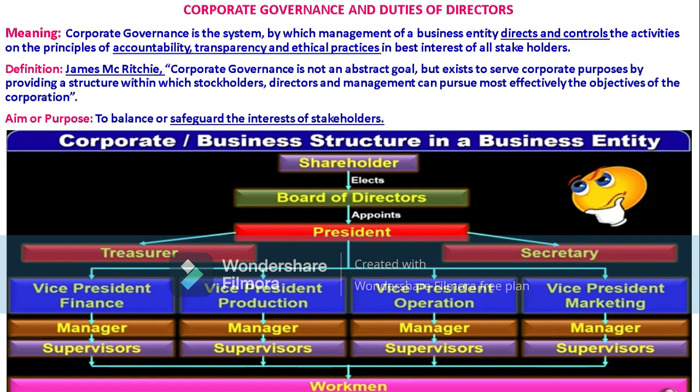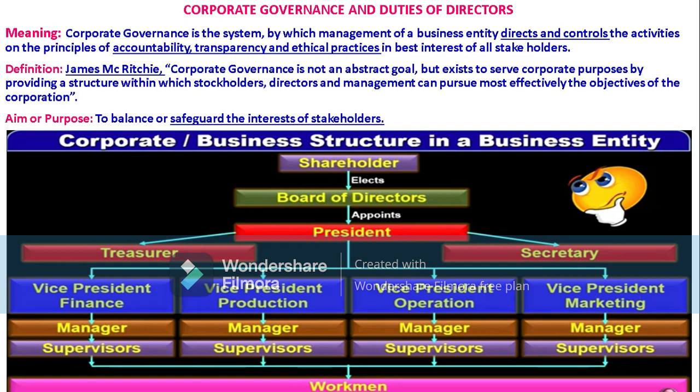The board designs the structure of the organization based on the objectives, policies, environmental factors, degree of competition, role of quality, expectations of employees, etc. So how the organization structure would be is also designed by the board of directors.